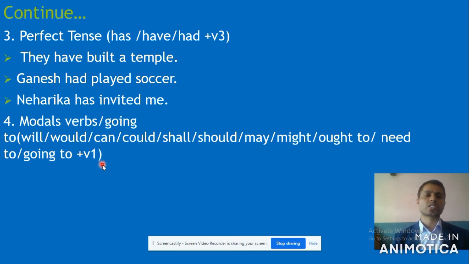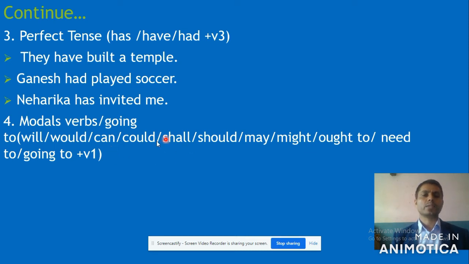This is the structure of an active sentence. If that structure is found in an active sentence, then we have to follow a certain rule. Later I will teach you in detail. For now, just be familiar with these sentences.